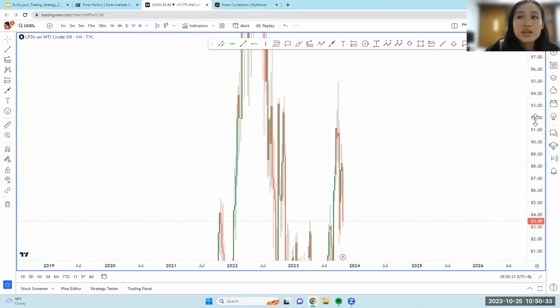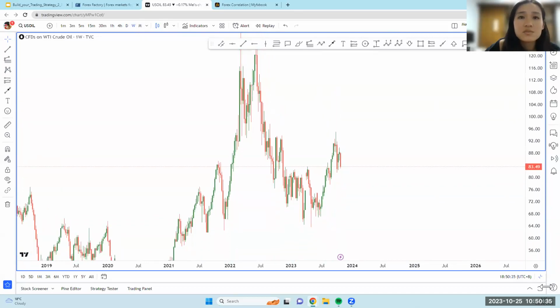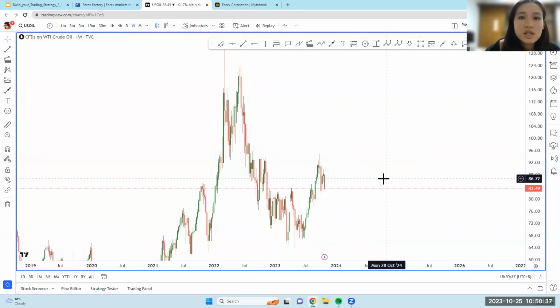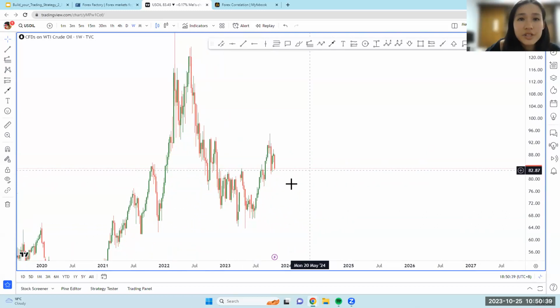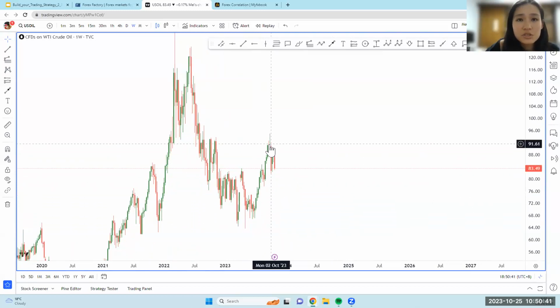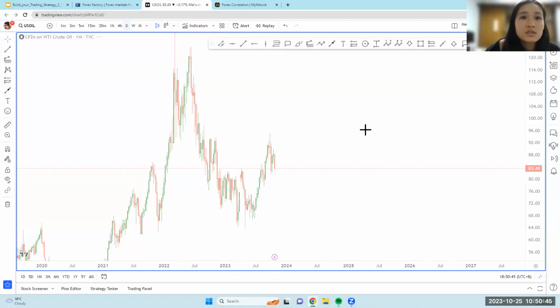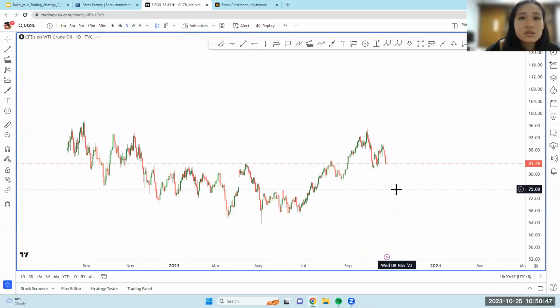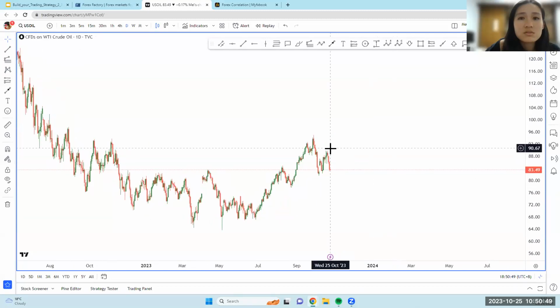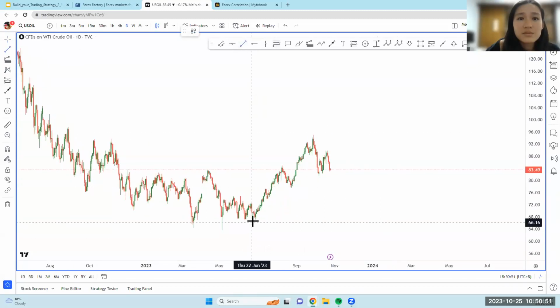Starting with our weekly time frame, the trend is pretty bullish, except for this reversal here. Daily also. Is this a trend line?